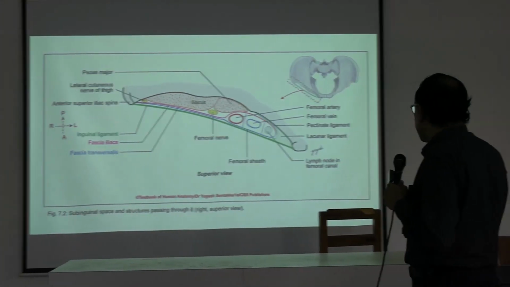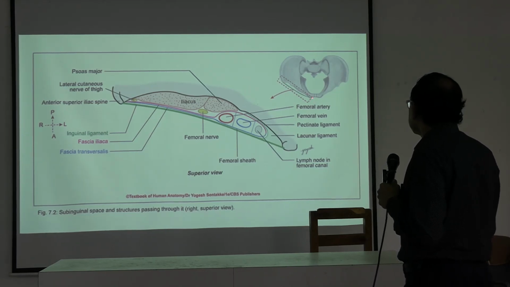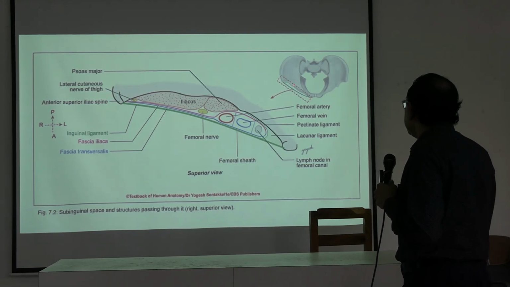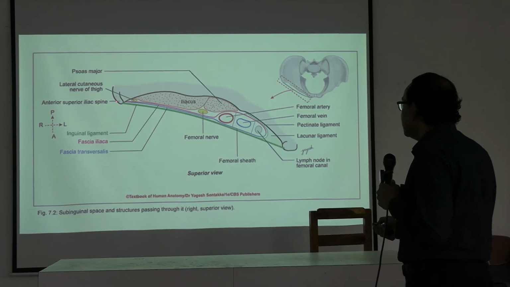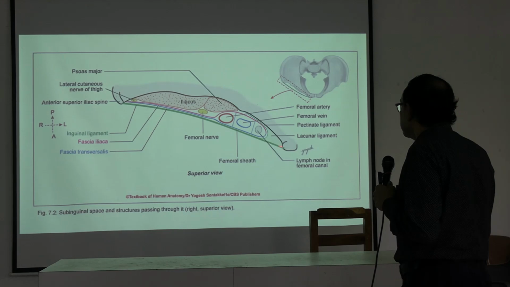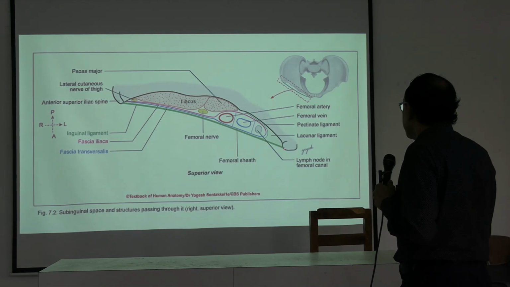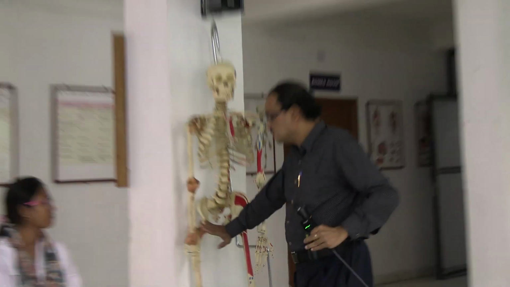This is the area, this is the inguinal ligament, and in front and behind we are getting the bone, and this area is called pelvifemoral space. So this inguinal ligament, which is attached from the anterior superior iliac spine going medially, and behind we are getting the pelvis like this.